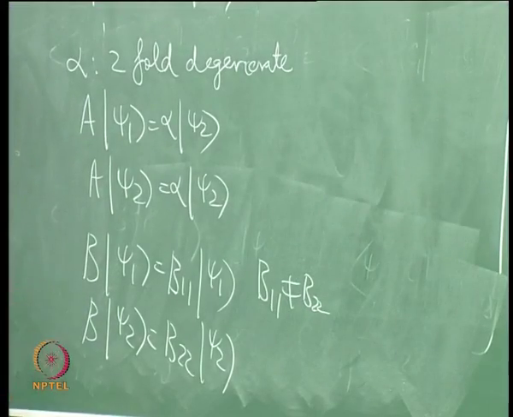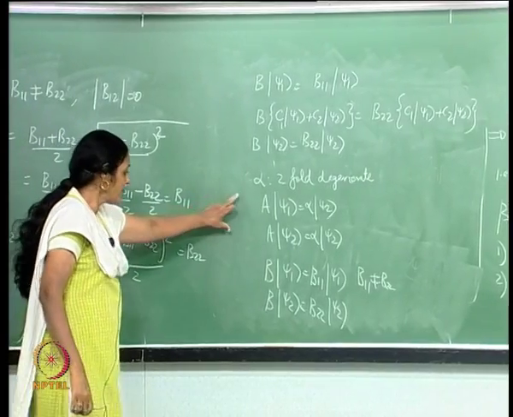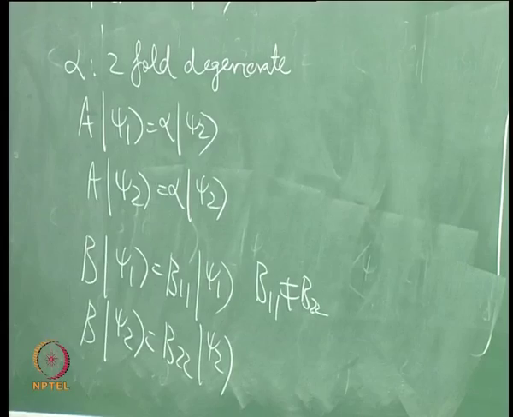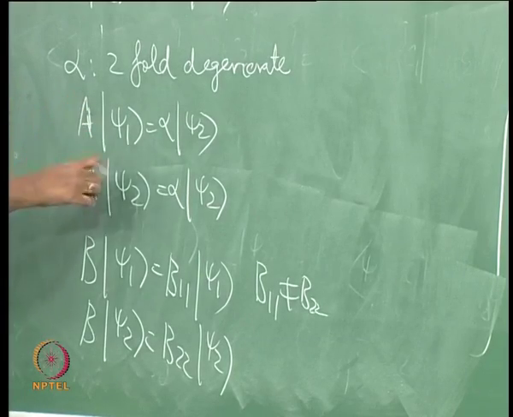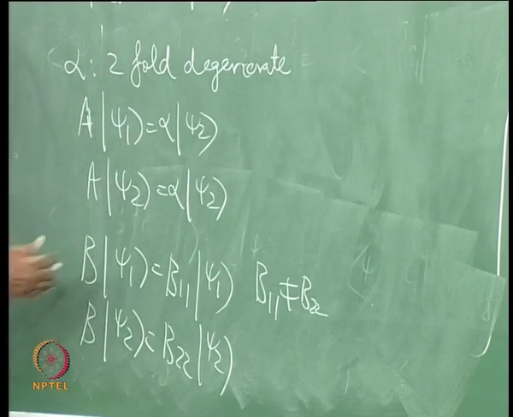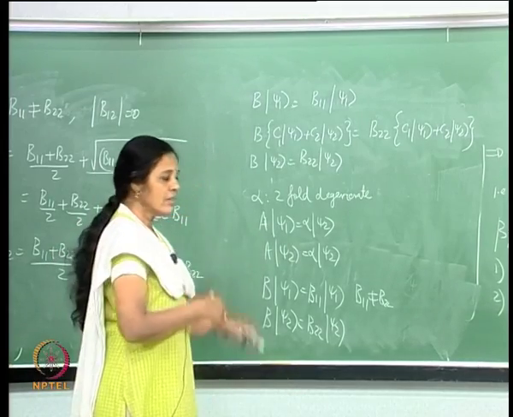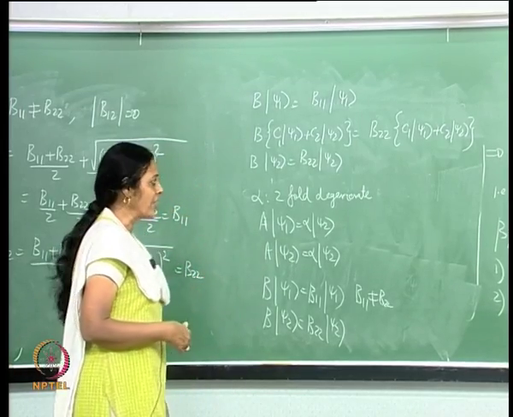The degeneracy has been lifted in this case by B. There was a twofold degeneracy. Those eigenvectors are eigenvectors of A corresponding to a twofold degenerate eigenvalue. They continue to be eigenvectors of B, but the degeneracy has been lifted. So this is one case that we have.